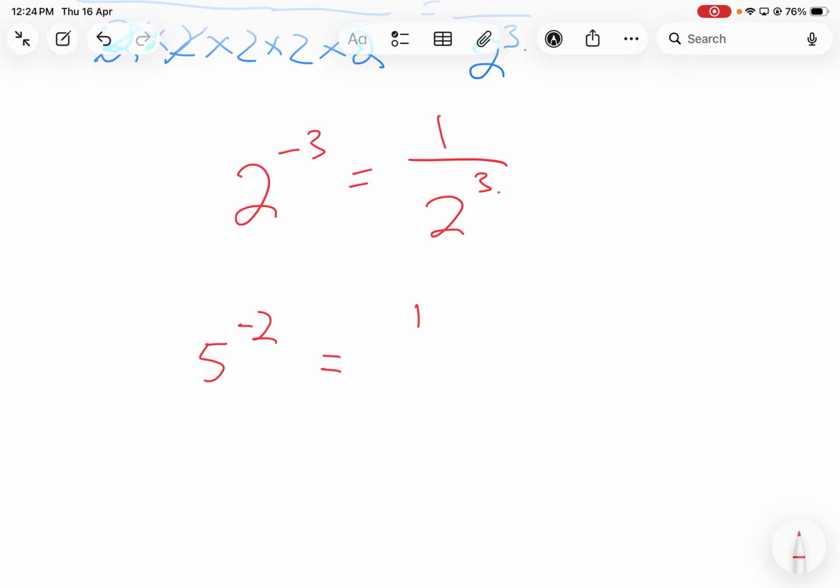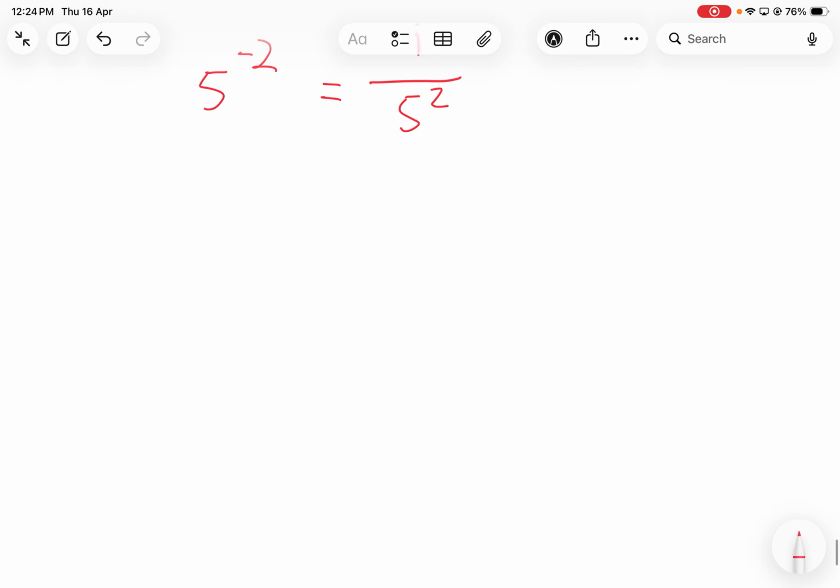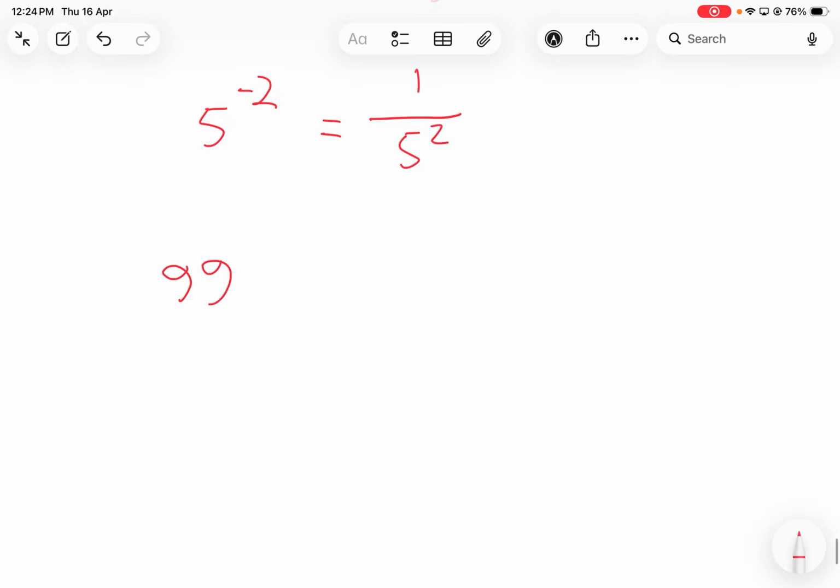I can write it as 5 power 2 in the denominator. When it goes to the denominator, it changes from negative to positive. Any number will work. For example, 99 to the power of negative 99. If I want positive power, I can bring the 99 to the denominator and change the negative 99 to positive 99.